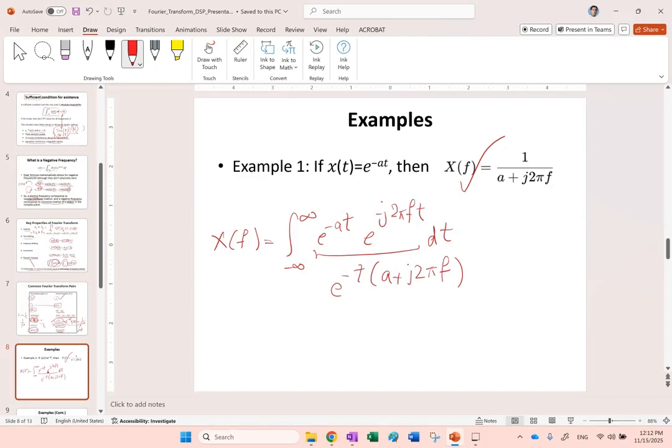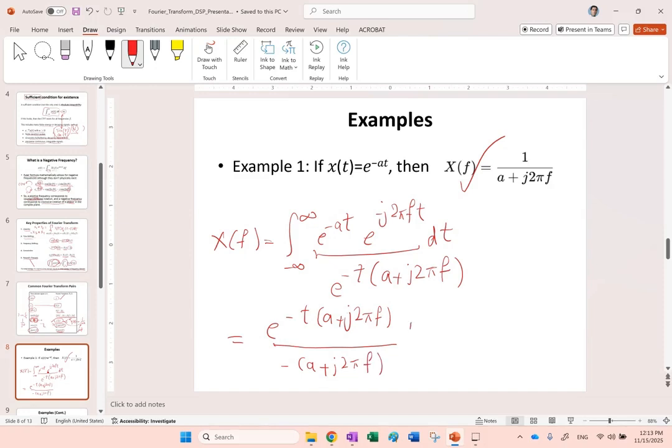And you know that the integral of e to the negative t times anything is going to be basically that function divided by the coefficient of t. So it's going to be e to the negative t times a plus j 2 pi f, divided by negative a plus j 2 pi f.